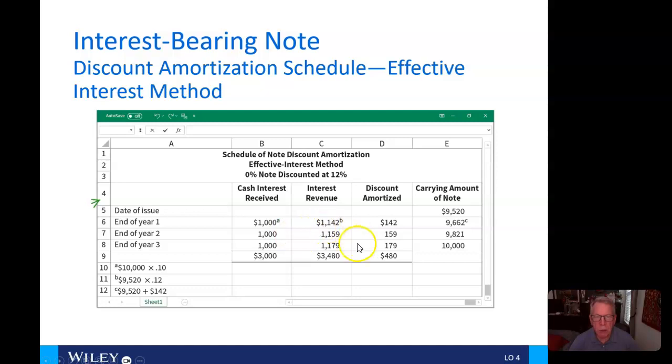And that is going to mean that our interest revenue is going to be the 12%, that's the revenue now, of $11.59. But there's a discount, then the difference between these two of, in this case, $142, and in this case, $159, etc.